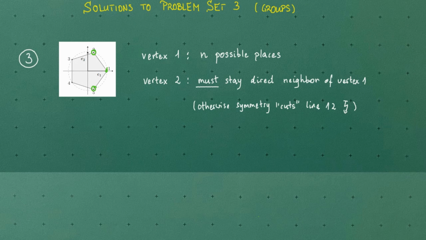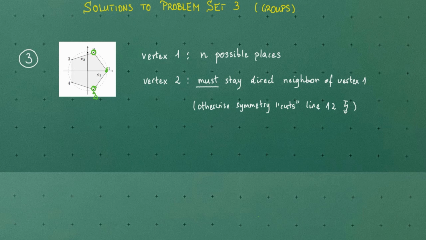They must lie like that. If this here is the choice for vertex 2, then I have the reflection about the x1 axis, and again there's no more choice for the other vertices.